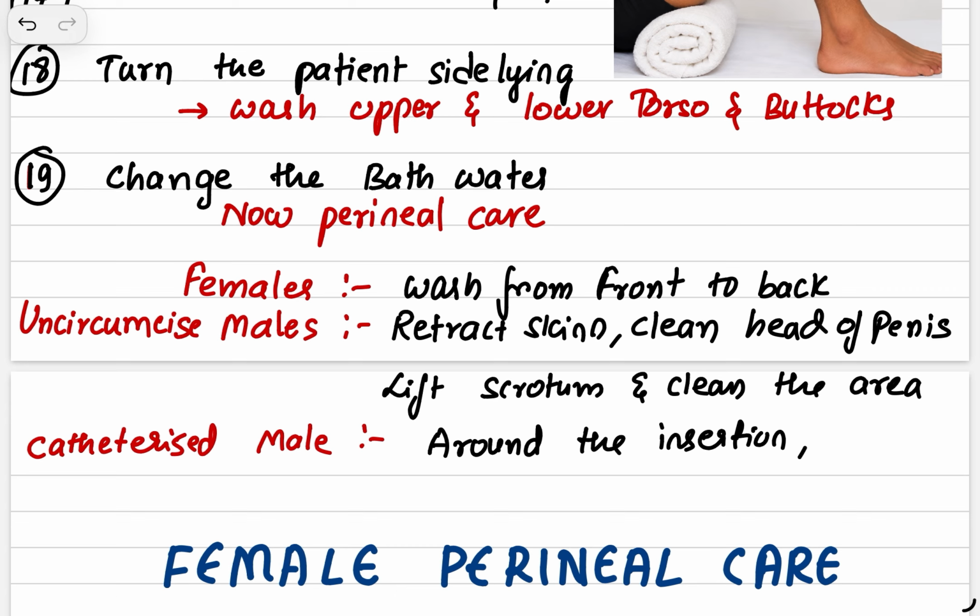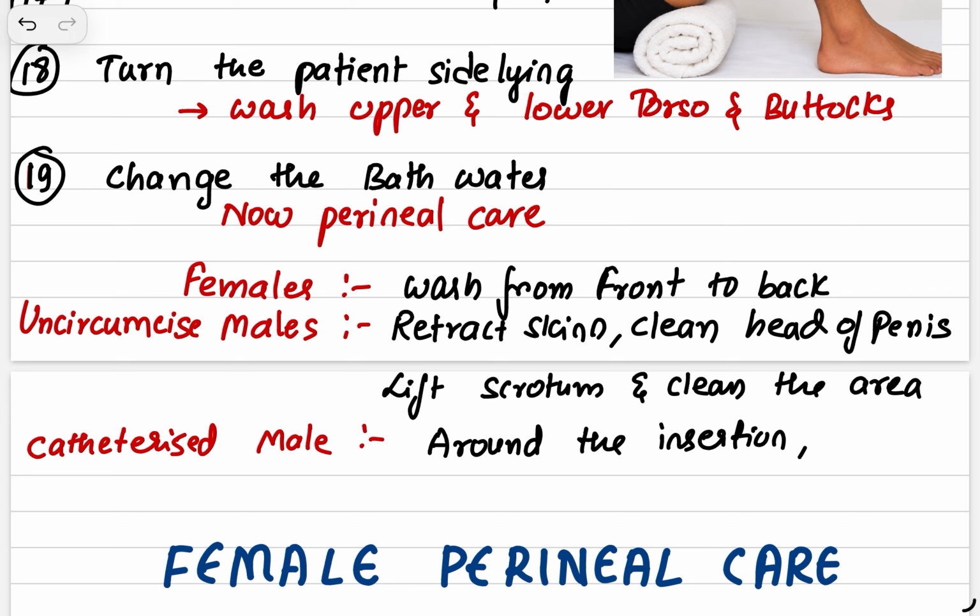So why can't we do it from back to front, sir? Because the back side, the anal side, the rectal side, is already very much infected. The n number of gram negative bacteria will be there in the stool or fecal matter that comes from the orifice. So that is a very contaminated area.